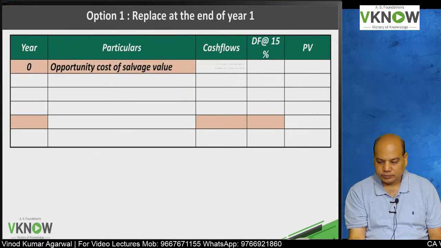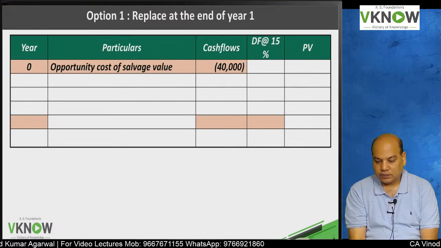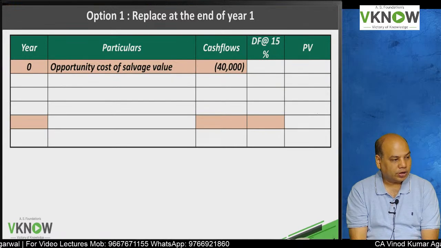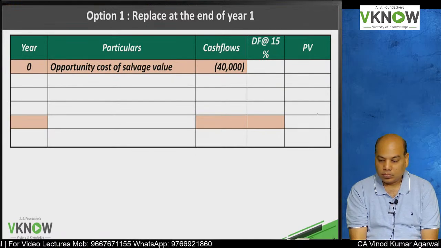Write down the table first. Year, particular, cash flow, discounting factor at 15%, present value.